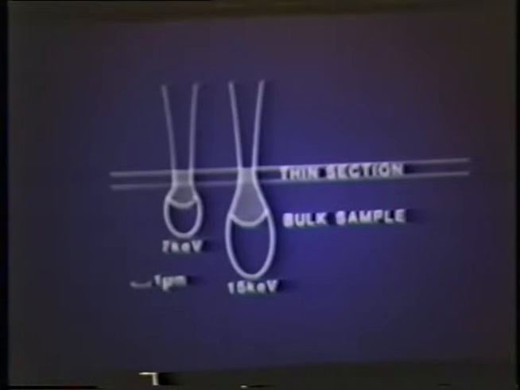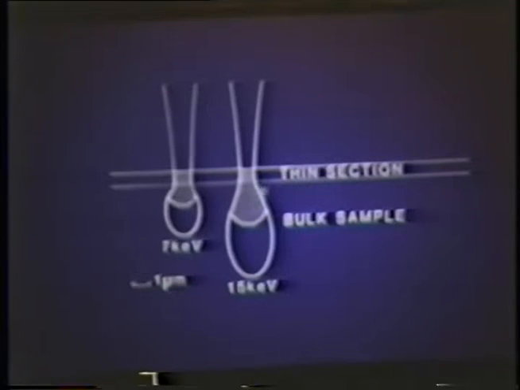Now, in thin sections, most of the electrons go straight through the sample without any loss of energy, and the absorption is negligible. Just to make sure you understand about absorption, the electron beam can come down to here, excite an X-ray down here, say of sodium, and the sodium X-ray only has an energy of about 1,000 volts, and then it's got to make its way all the way out of here, constantly banging into other molecules and atoms, losing energy all the way out, and it probably gets no further than there and never makes it out.